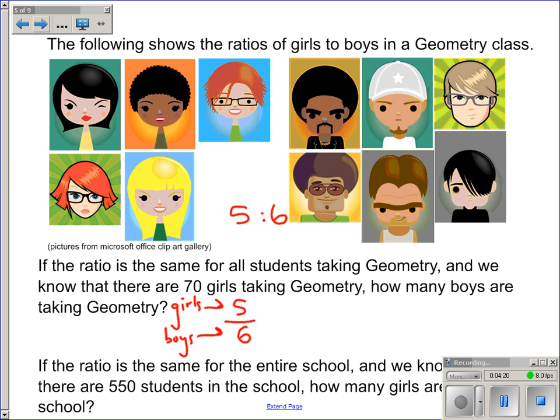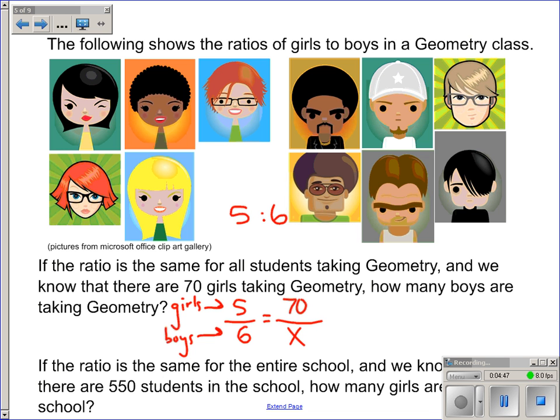We're going to set up a proportion, which is where you have 2 ratios or 2 fractions that are equal to each other. It's very important that you keep the fractions exactly the same. So in this case, the number representing girls is on top, so I'll put 70 in the numerator of this fraction, and I want to know the number of boys, which is x. I'll put that in the denominator over here.